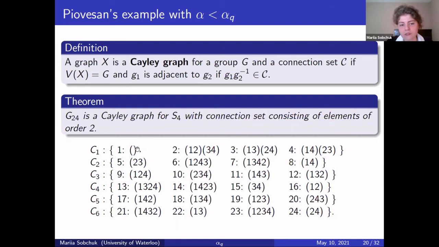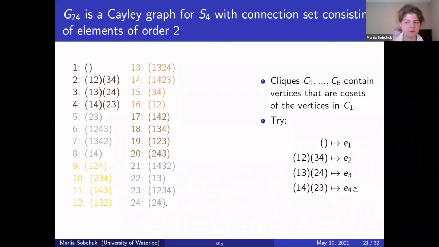And what's interesting is that every next clique, when we think of the graph of permutations, is a coset of the first clique. For example, we just take the vertices in the first clique and multiply by permutation (2 3). Then we get the second clique. Multiply by (1 4), get the third clique, etc. So possibly it's a good idea to assign the vertices in the first clique to the basis vectors e1 through e4, because somehow they generate the rest of the graph, and then see what we get from there.